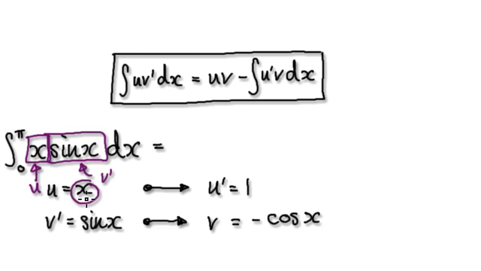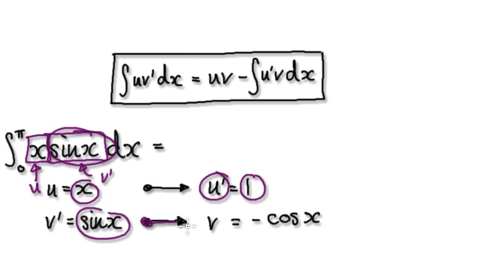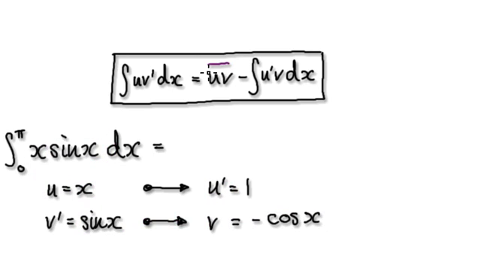So if u equals x, then u prime equals 1. If v prime equals sine of x, then v would be minus cos of x. Now blindly follow the instruction.